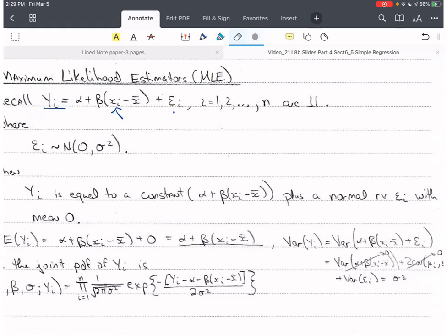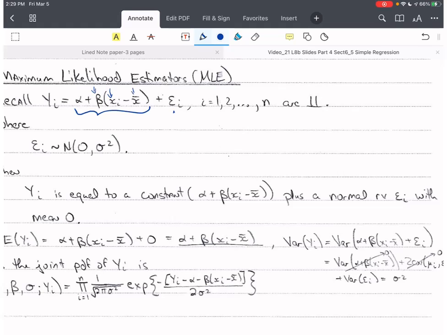So let's look at yi. What we have here is a constant. Alpha is a parameter, it's a constant. Beta is a parameter, it's a constant. Xi is a fixed value that we can set, therefore a constant.